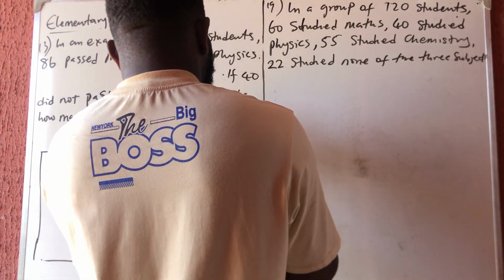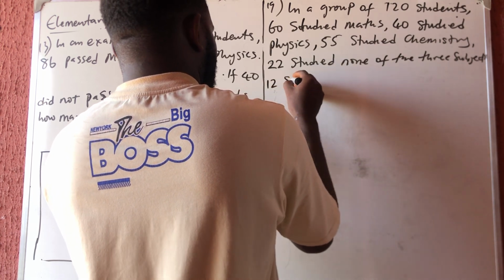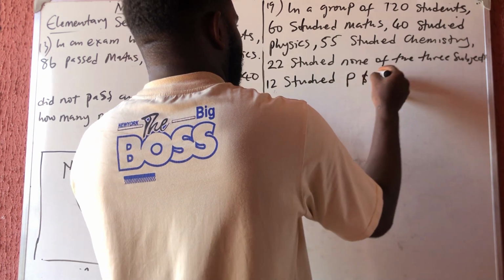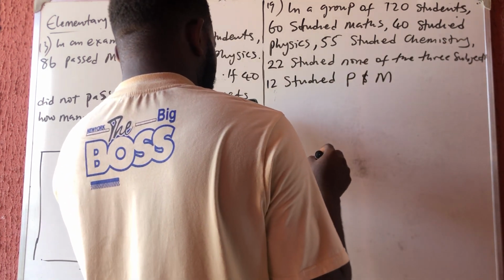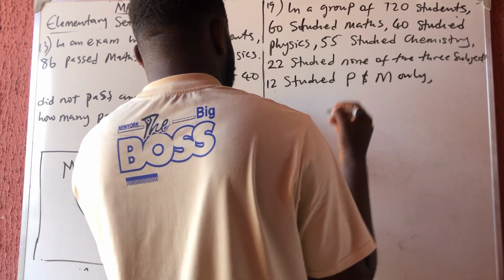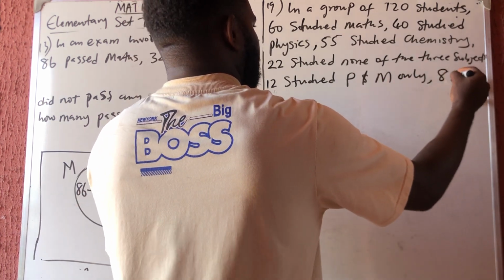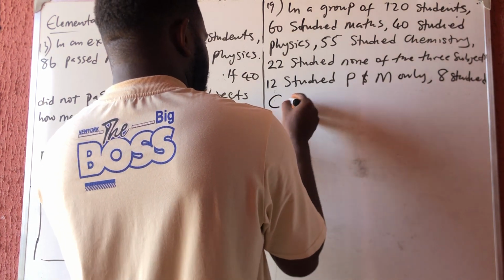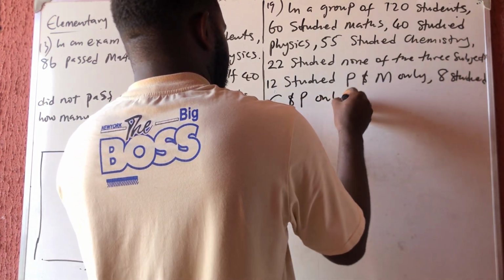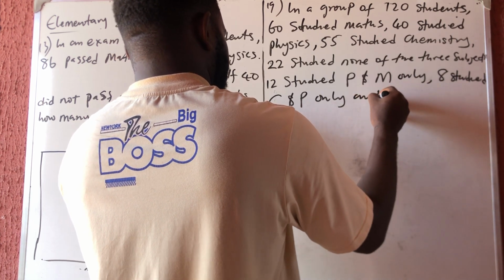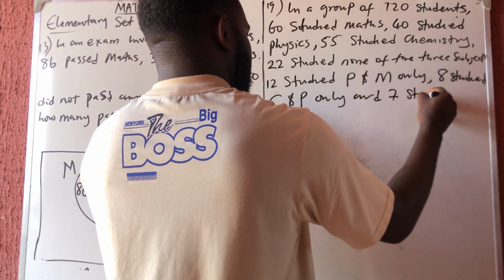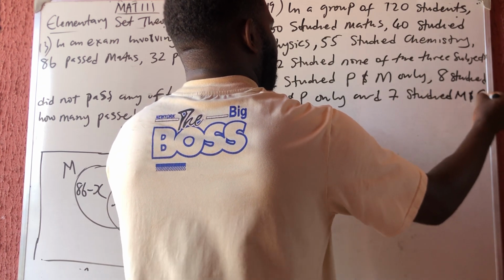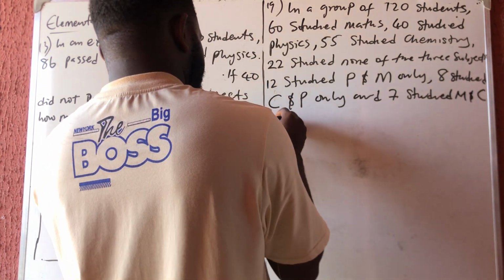Okay? Then I said 12 studied physics and maths. Let me write it like this. Okay? Then I say 8 studied chemistry and physics only, and 7 studied maths and chemistry only.